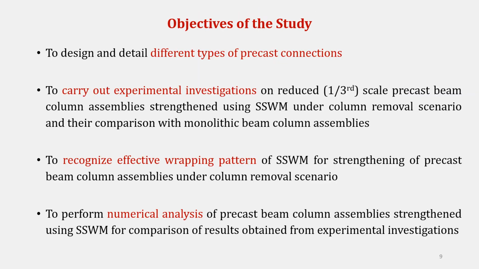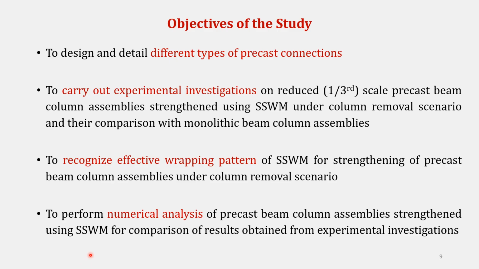Here, the major focus is to evaluate performance of SSWM strengthened precast beam-column assemblies under column removal scenario through conducting experimental and numerical studies. This is in line with the suggestion of IS 15916, which clearly says that adequate strengthening of external joints of precast structures is important and should be kept in mind for ensuring stability of precast structures.